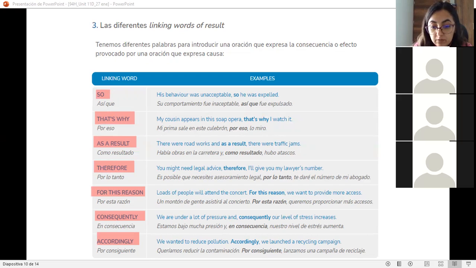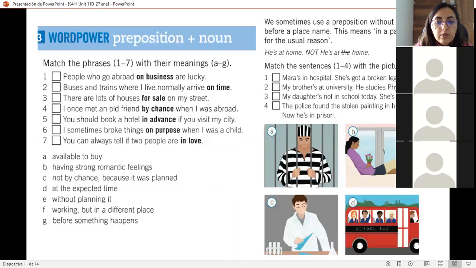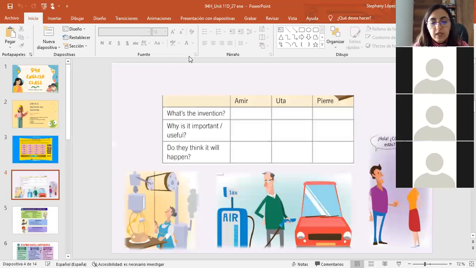because of, being the cause of something. Sí, ahora que ustedes ya conocen estas linking words, estas palabritas, we're going to see what you are going to do now. Okay, pay attention. Let me share with you the screen.